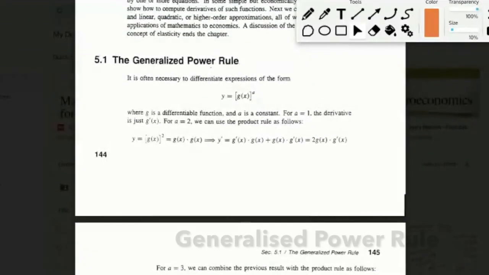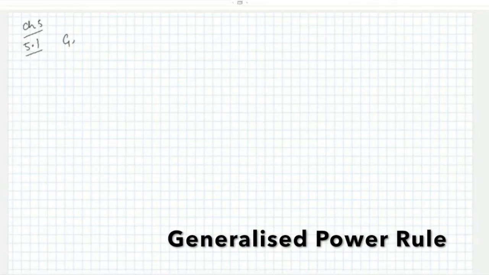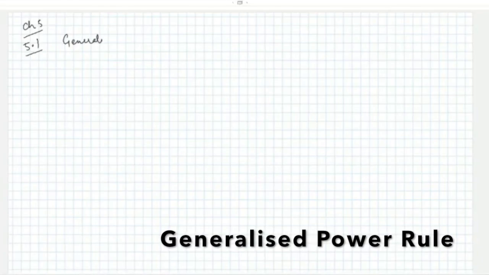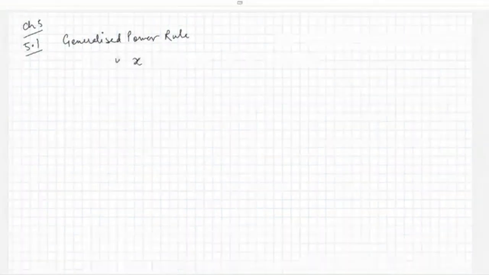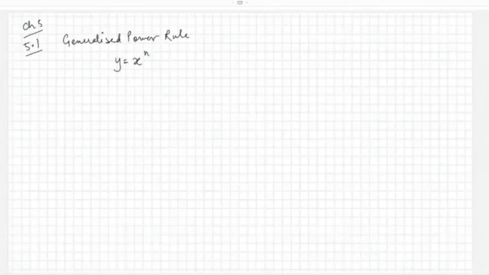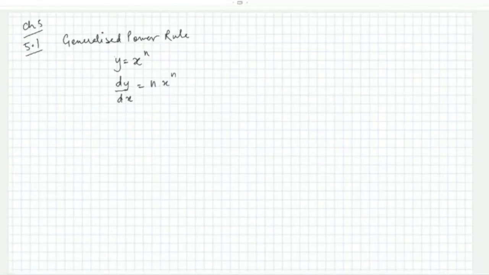Let's look at the first section, which is the generalized power rule. Now we have read about the power rule in the previous chapter: if you have y is equal to x raised to the power n, then dy by dx is n into x raised to the power n minus 1.